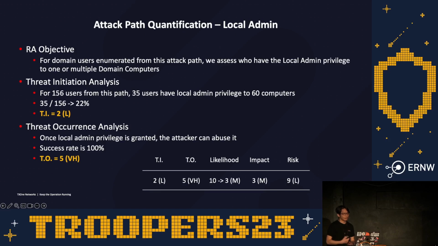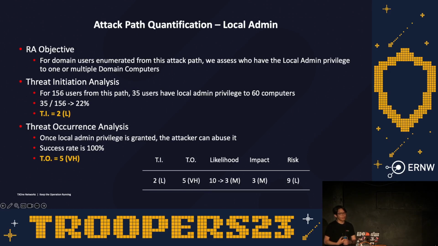For the threat occurrence analysis, we're just assuming that once this privilege is granted, the attacker can abuse it for remote command execution. So in this example, the success rate is 100% with the corresponding numeric value of 5. Therefore, we have the likelihood for this attack vector inside this path, which is 10, and it can be converted to a numeric value of 3 with a moderate level.